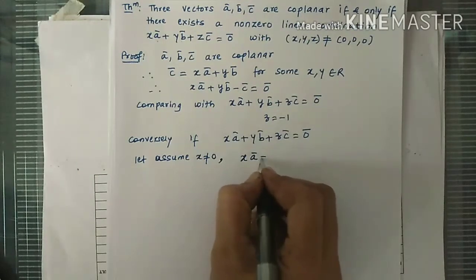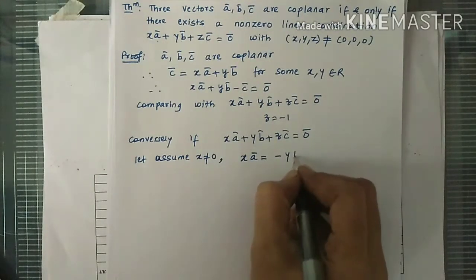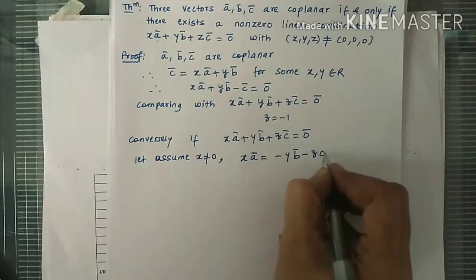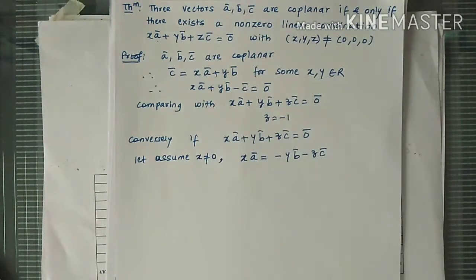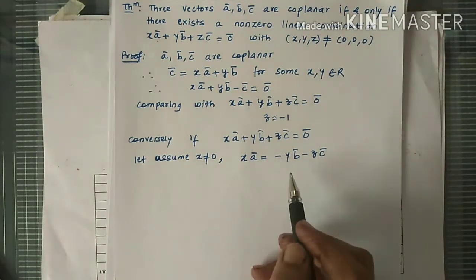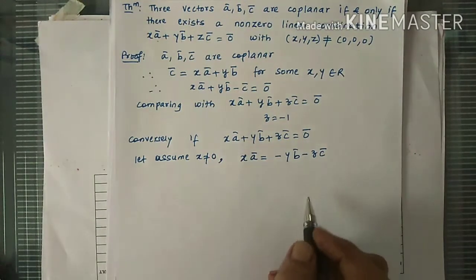So XA bar becomes minus YB bar minus ZC bar. I want to divide by X. So that's why I have put XA bar on the left hand side and the remaining terms on the right hand side.